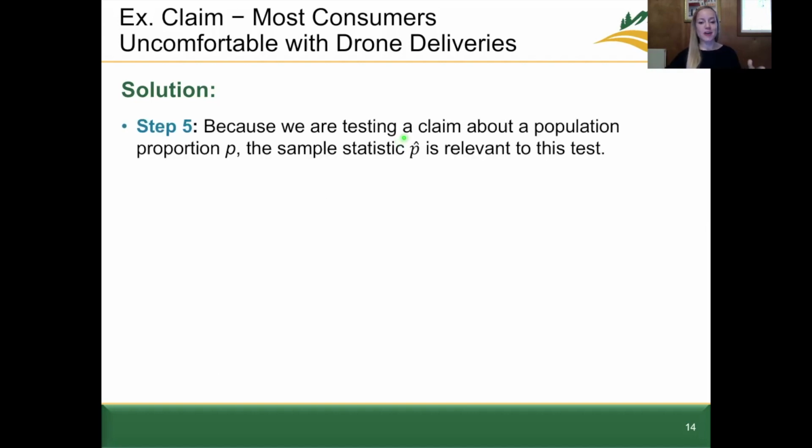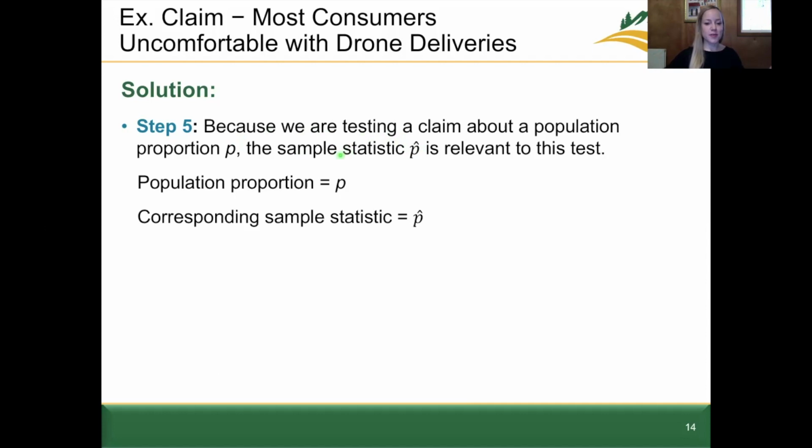Then, as you may recall, in step 5, we need to figure out what test statistic we need to calculate. Within this section 8.2, we're working with population proportions P and sample statistics, or P hat. Recall the same notation we've seen. A population proportion is equal to P, whereas the corresponding sample statistic or sample proportion is P hat.